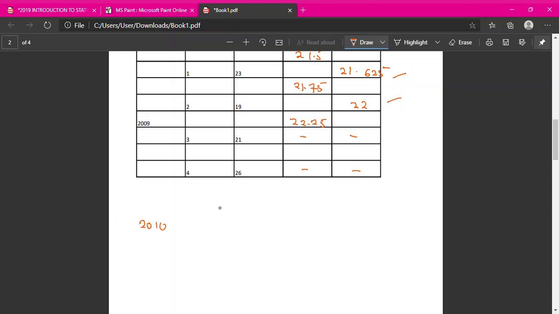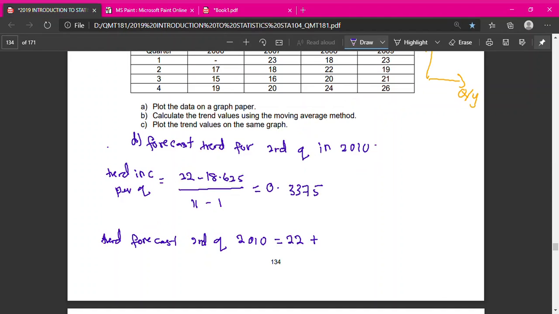So we have 1, we have 2 quarters. The data ends with the second quarter of 2009. So the increment will be 1, 2, 3 and 4. So the increment is 4, multiplied by the trend increase per quarter.